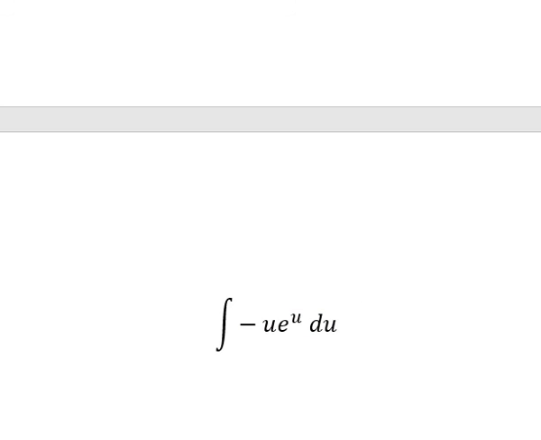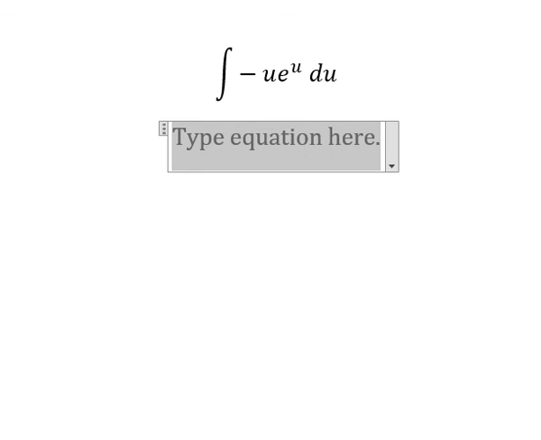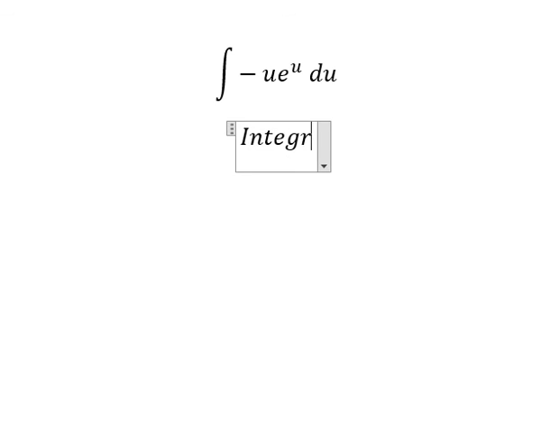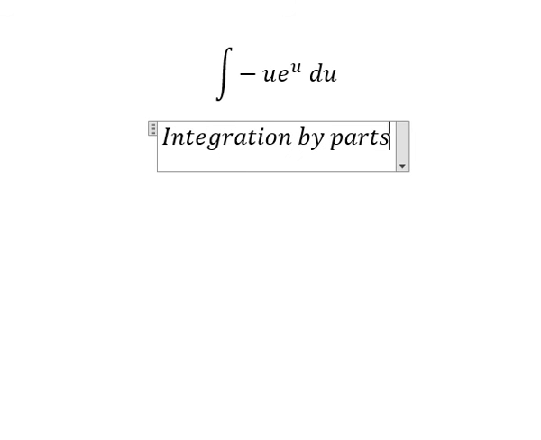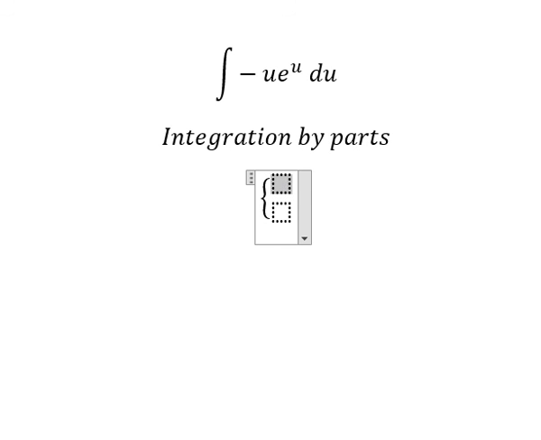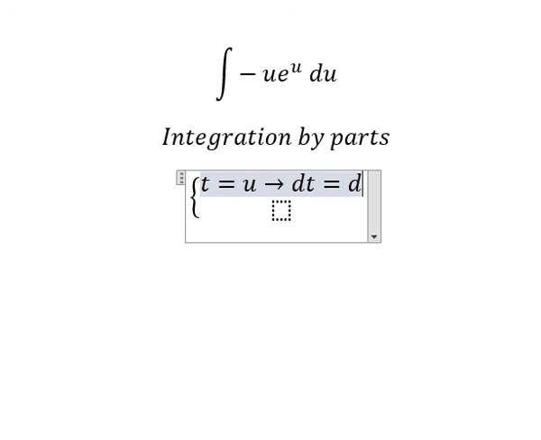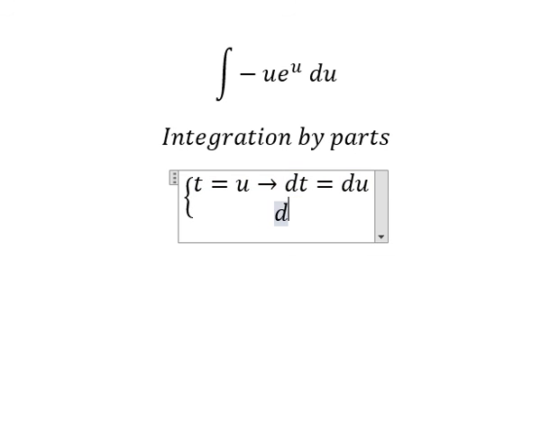Now we can use integration by parts. So I need to put t equals u. Later, we need to do the first derivative for both sides. dv, that is this one.